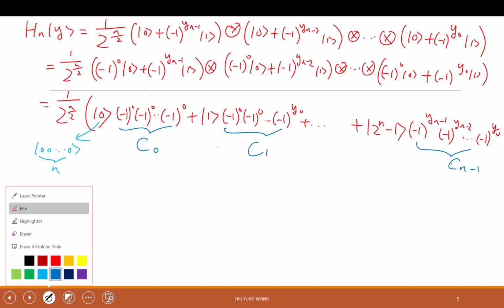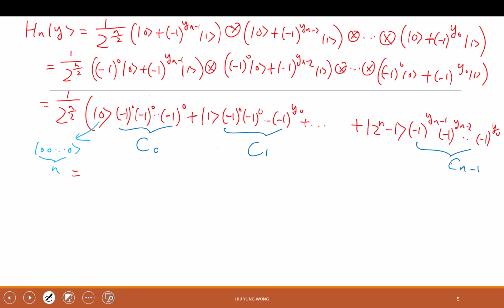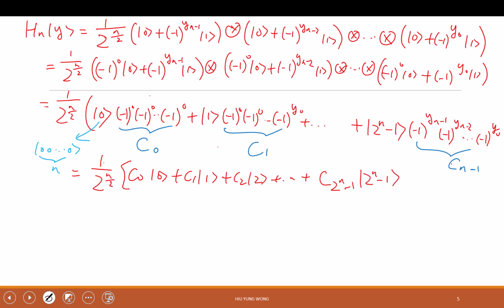The point is that even though this is arbitrary, I still get something like this: 2 to the power n over 2, and then C0 times 0, plus C1 times 1, plus C2 times 2, all the way to C(2 to the power n minus 1) times 2 to the power n minus 1. Make sense?